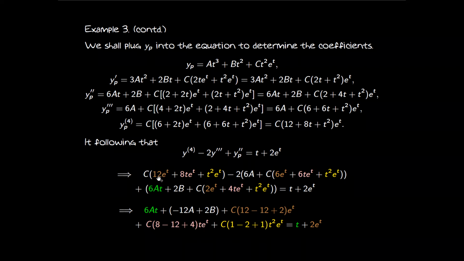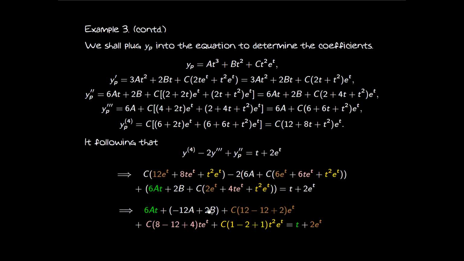For example, for the e to the t, you're going to have a couple of terms, we put them here. For the t e to the t, we collect all of them and put them here. And for the t squared e to the t, we collect all of them, put them here. And for the t, you're going to have only one term. And for the constants, you can have two constant terms, right?